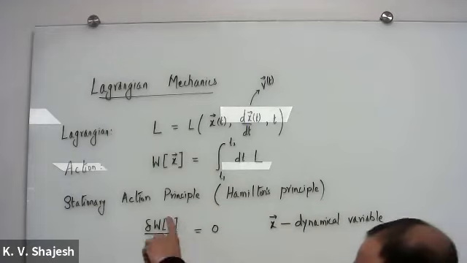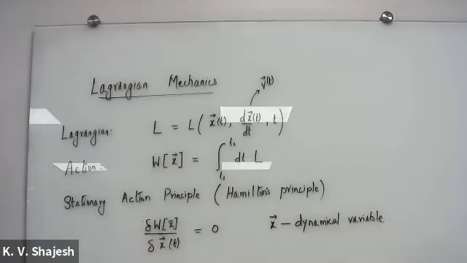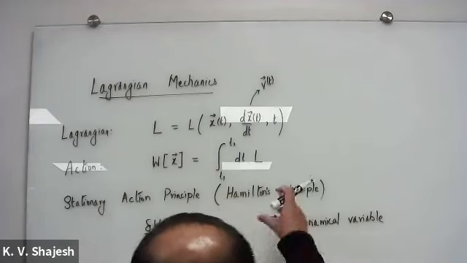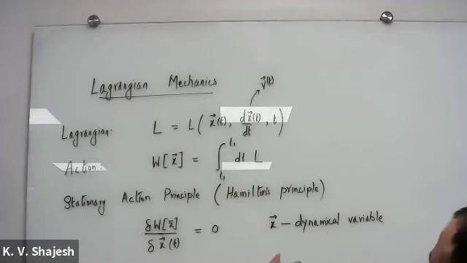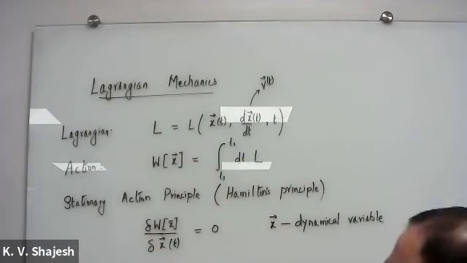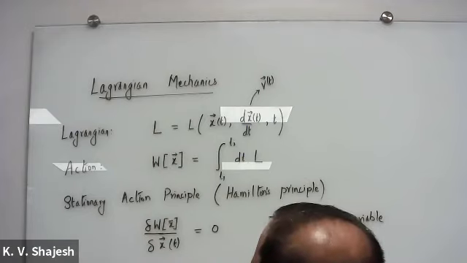Any variable with respect to which the variation of the action is equal to 0 will be called a dynamical variable. Later, once this becomes a theorem, it gets reversed: you say that variation with respect to a dynamical variable will be equal to 0. In the beginning you define it with a motivation, but then you state it as a theorem. Okay, so that's what it is.